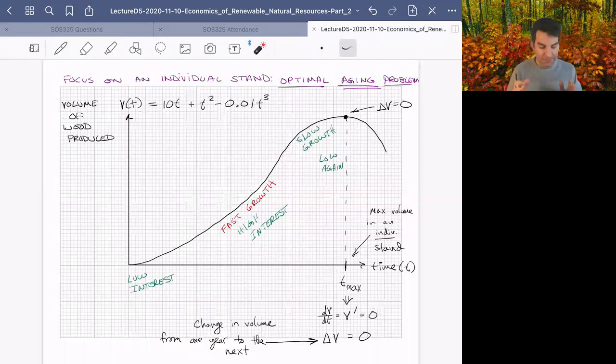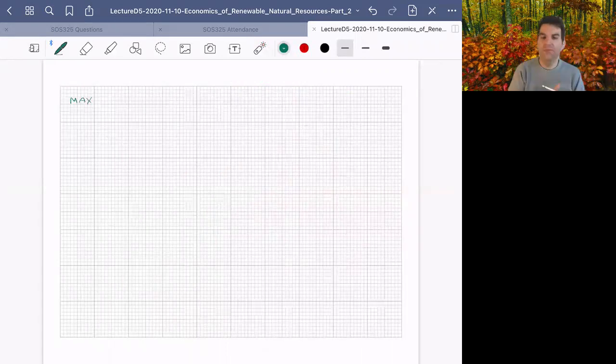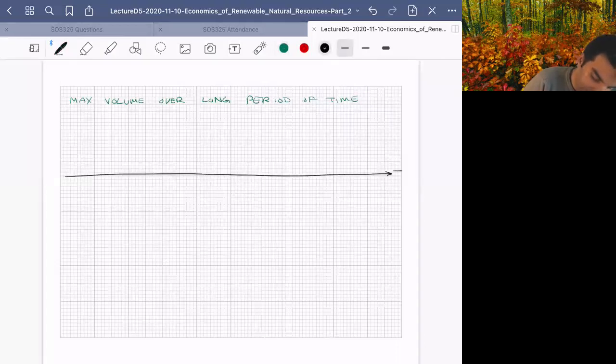And so what we talked about last time is that, well, if we're talking about maximizing the volume over a long period of time, then what we've really got is, if we zoom out on the stand dynamics, then we've got time here, and we're going to come up with some rotation length. I'll call it TR.